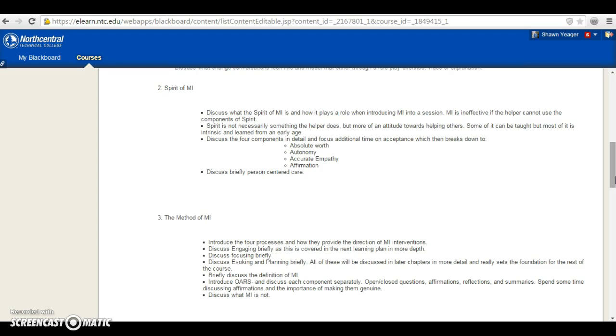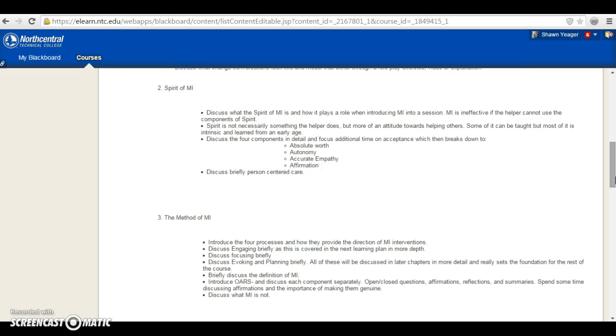And so those four components combined together create what's called the spirit of MI. And the book breaks down absolute worth, and some of these others are discussed in more detail. So I highly, highly recommend you study the material for these chapters, especially the spirit of MI, because it's very important.